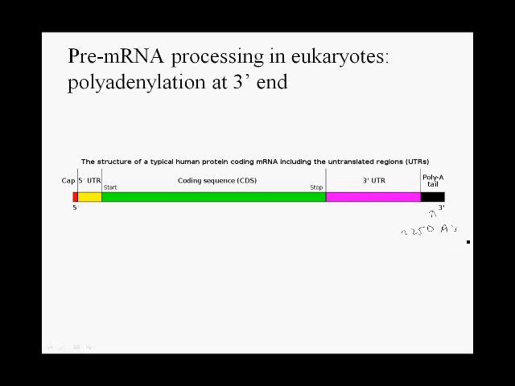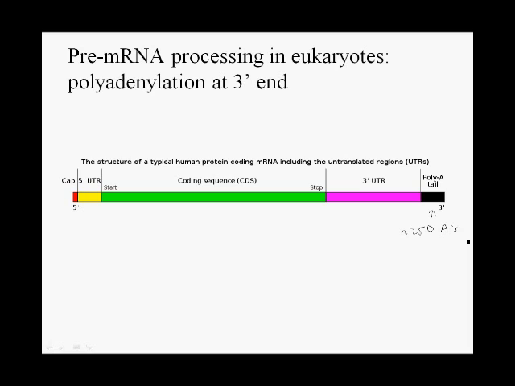So remember, these A's are not encoded in the DNA. They are simply added after transcription is complete by a separate enzyme that comes on and just adds these A's.